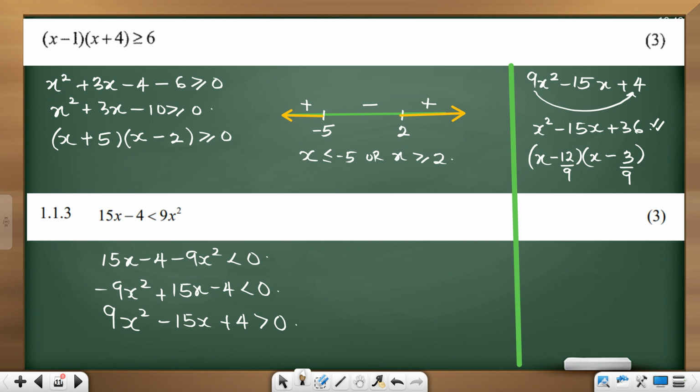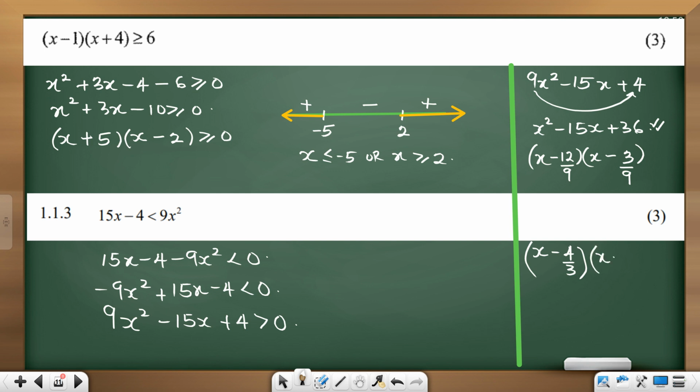So some of you are learning again. Some of you know this. So you multiply by 9, you get 36. Now you have something we are used to from grade 8 and 9. We factorize that. Now remember, I multiplied by 9, so I divide by 9. Let's simplify. What is 12 over 9? That will be x minus 4 over 3 because I'm dividing by 3.